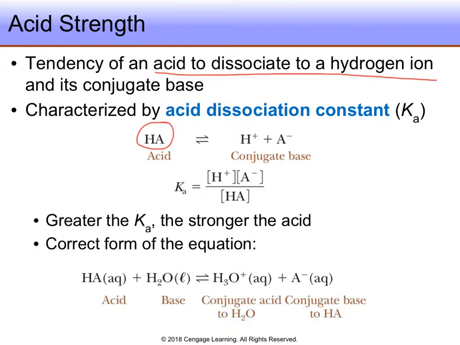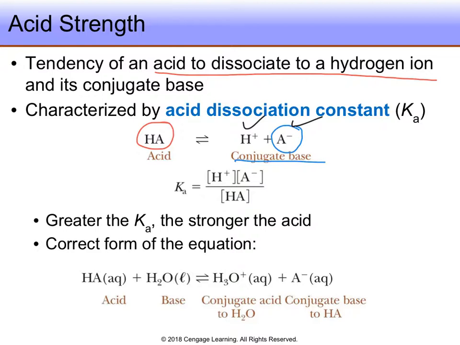The base would be something that would be attracted to the hydrogen ion. So every single acid can break down and form both the proton and its conjugate base. This is the very simplest definition of what happens to an acid and how it dissociates in water.